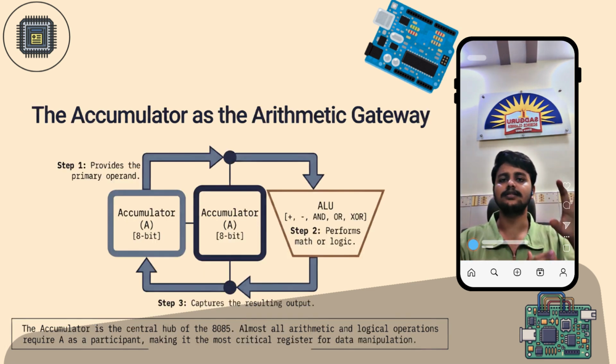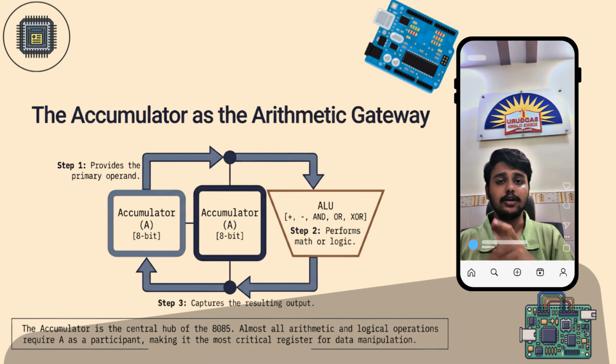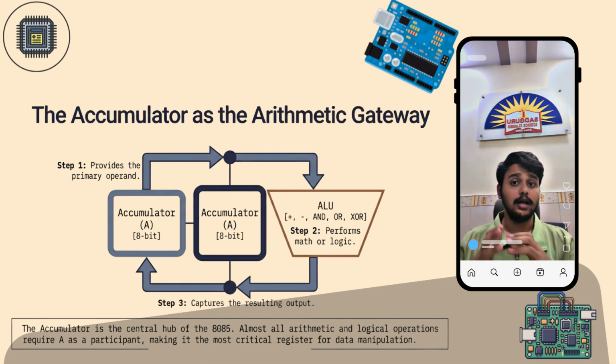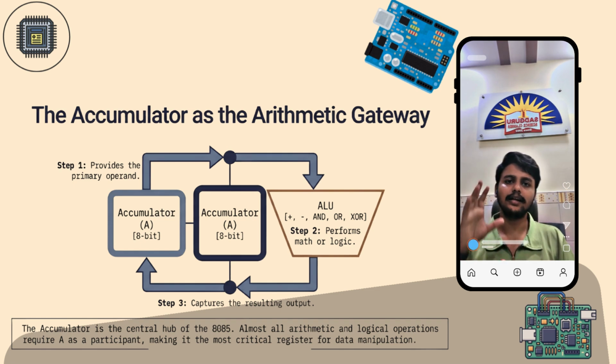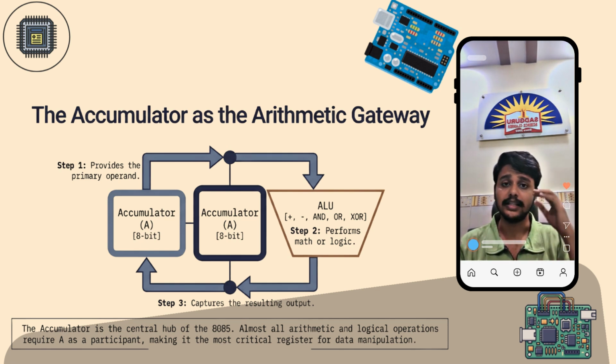Among all these registers in the 8085, one register has a special and very important role, which is the accumulator, often referred to as register A. The accumulator is an 8-bit register that is directly connected to the arithmetic logic unit or ALU. Almost all arithmetic and logical operations in the 8085 involve the accumulator.